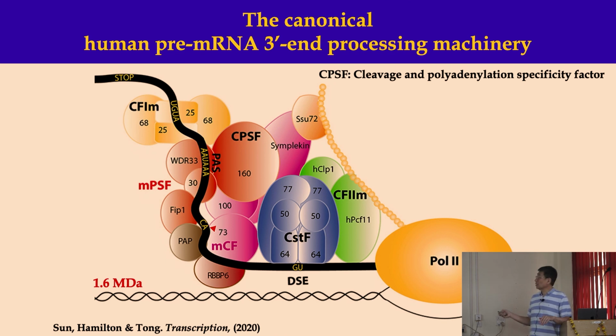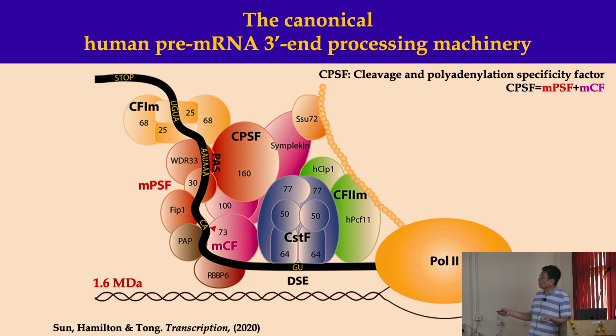But more recently, over the last 5-6 years or so, it was realized CPSF is actually made of two subfactors. That's shown here. MPSF in mammalian systems, the mammalian polyadenylation specificity factor, is shown in red on this schematic.